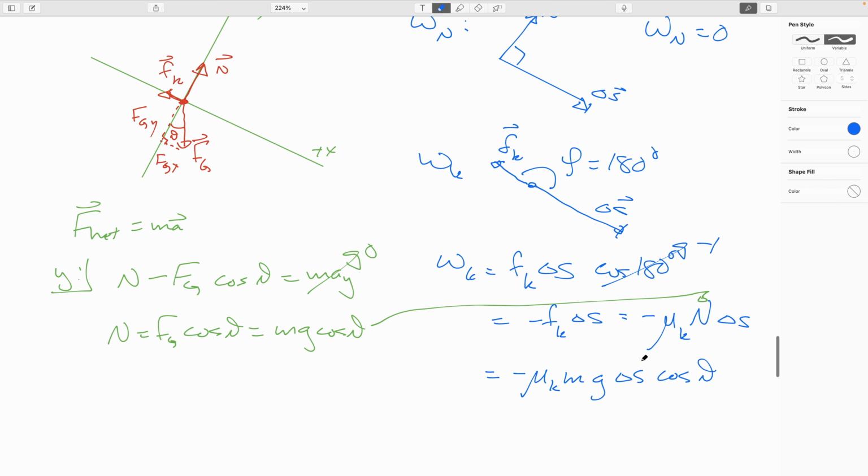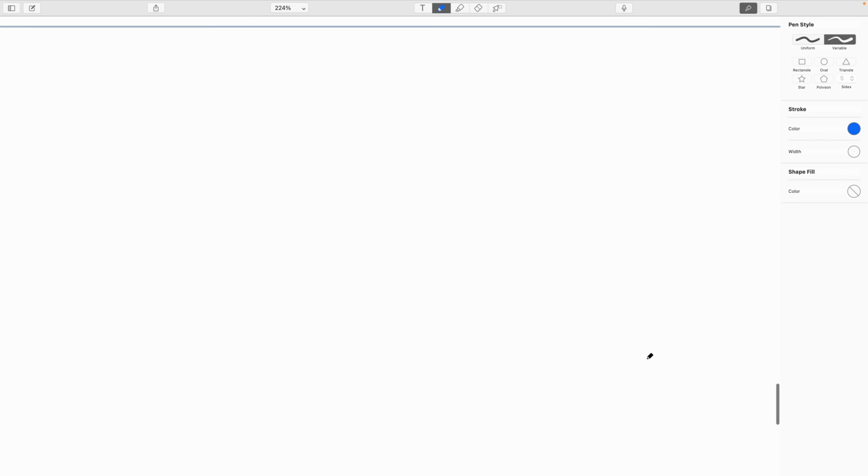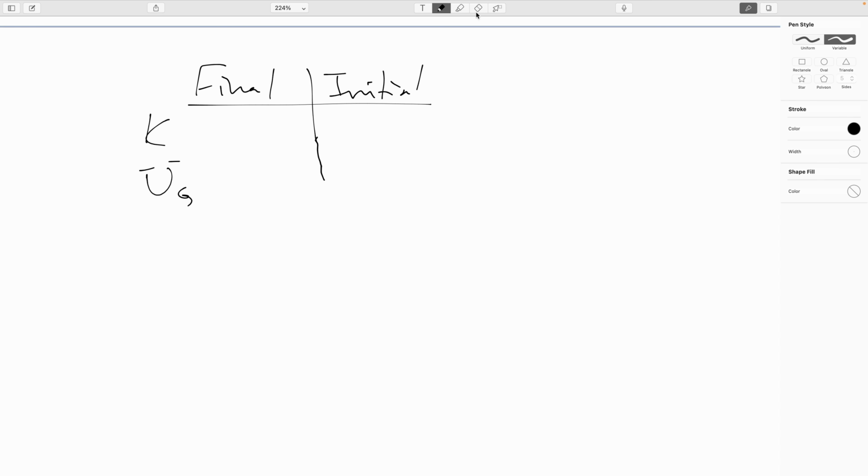All right, so how does this look when we make our tables? It's still going to be the same deal. We have final and initial. And now we list all the forms of energy we can think of, kinetic, potential, but now we'll also have to put in our variance here, which is the work being done by the non-conservative force.